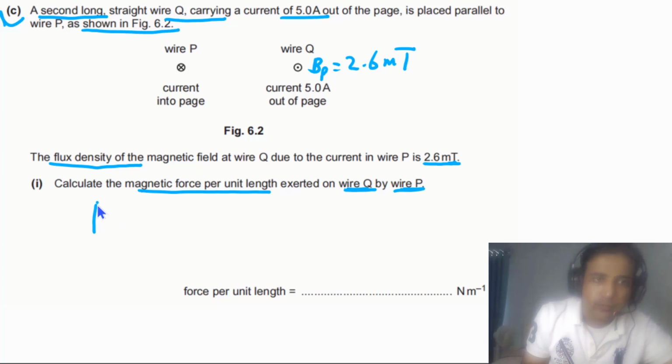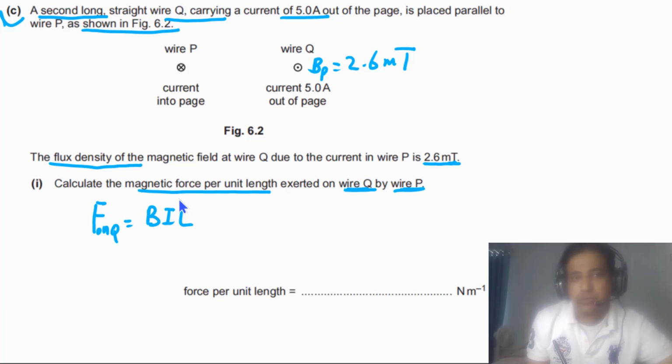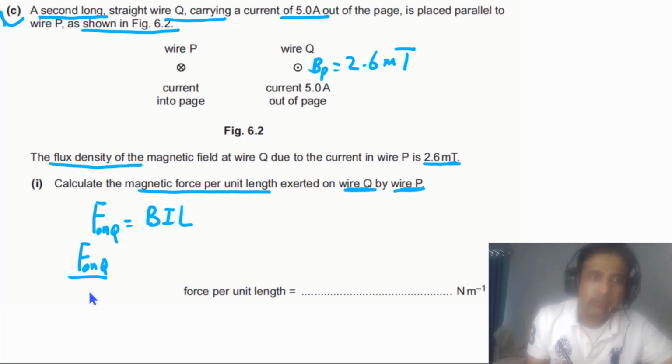We need to calculate force. So magnetic force means the force on Q. This will be equal to BIL. For this question, we need to calculate magnetic force per unit length. So simply we can write here F on Q by P divided by L, equal to BI.